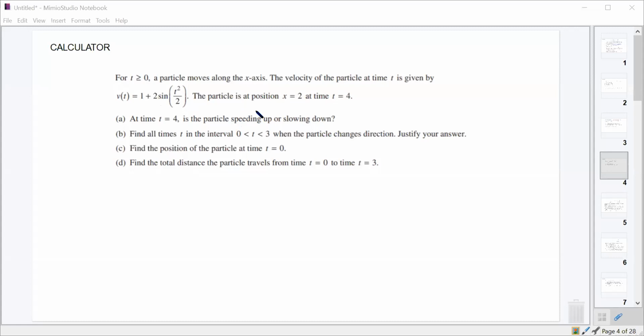This is an important thing to remember: if velocity and acceleration have the same sign, it's speeding up. If velocity and acceleration have opposite signs, it's slowing down.